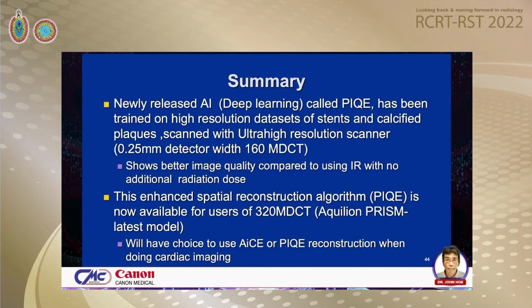This enhanced spatial resolution algorithm, PEAK, is now available for users of 320 MBCT, in particular the latest model called Aquilion Prism. And in future, you will have the choice to use AICE or PEAK reconstruction software when doing cardiac imaging.